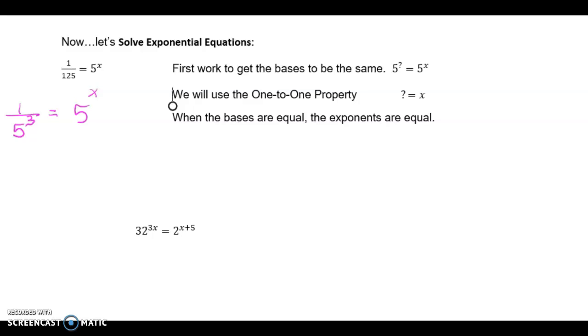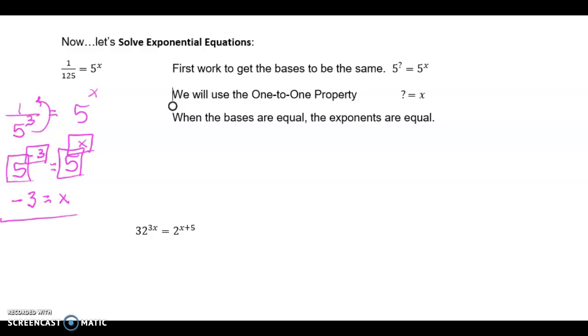You know that 1 over 5 cubed, because we talked about our negative powers, that would be the same as 5 to the negative 3 power if I were to bring that up, or in other words, do the reciprocal. And 5 to the negative 3 equals 5 to the x. When your bases are equal, your powers are equal. So x is equal to negative 3.